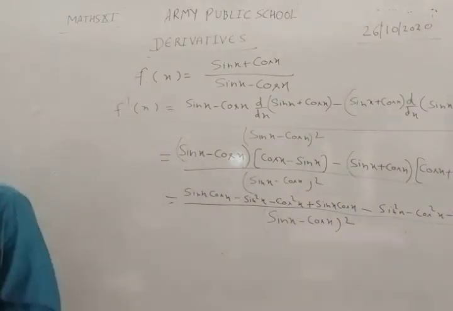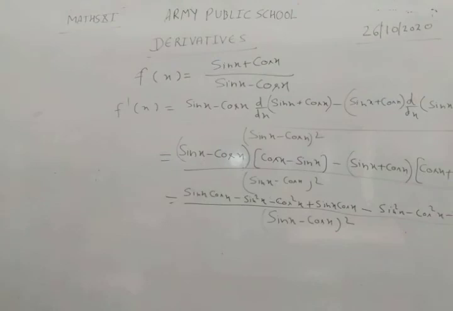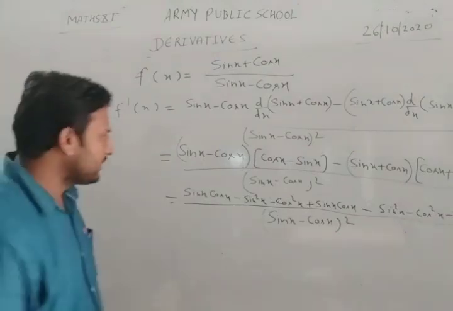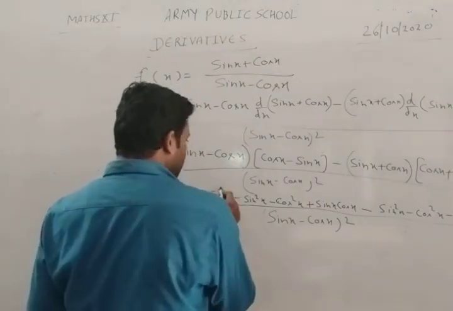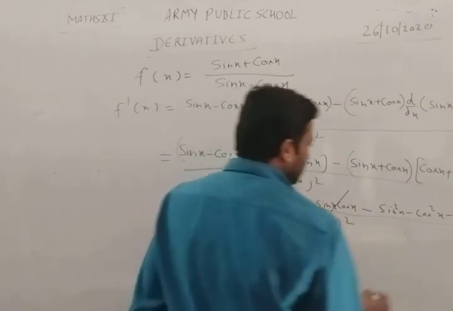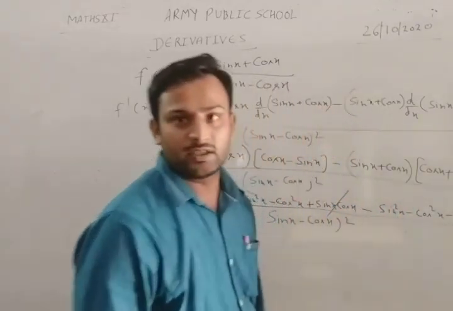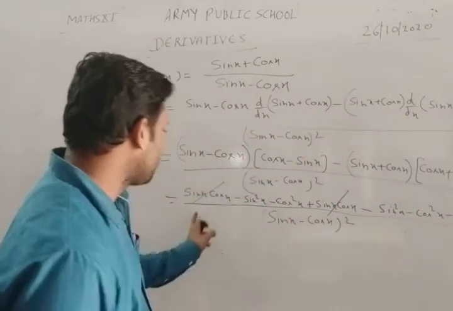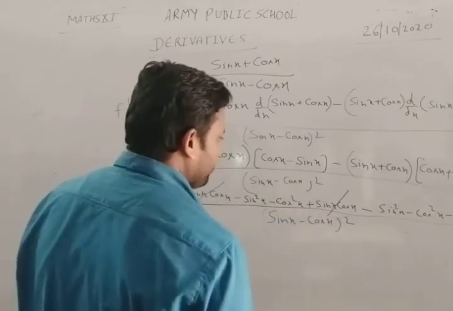Okay, so what we are getting here is plus sin x cos x plus sin x cos x, and here is 2 sin x cos x. So you can see directly here.